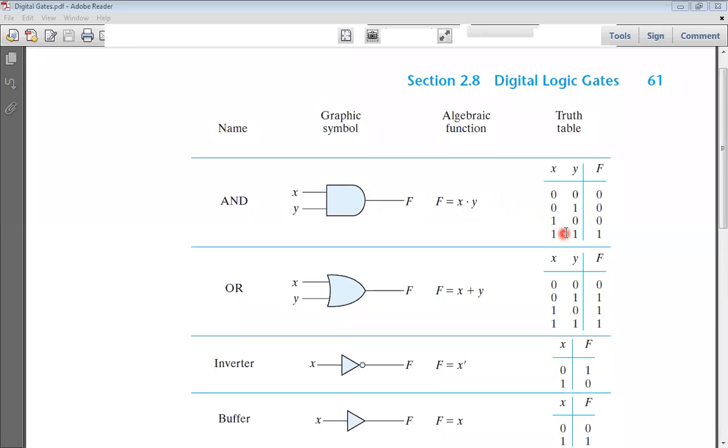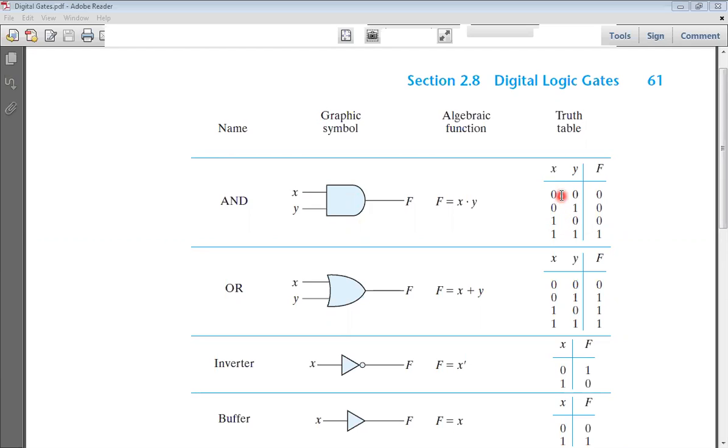Here 0 does not necessarily mean 0 volts, and 1 does not necessarily mean 1 volt. 0 means a voltage range: 0 means low logic, 1 means high logic.